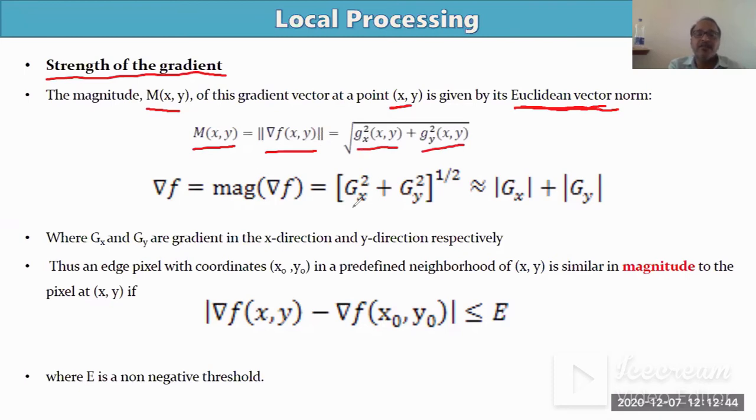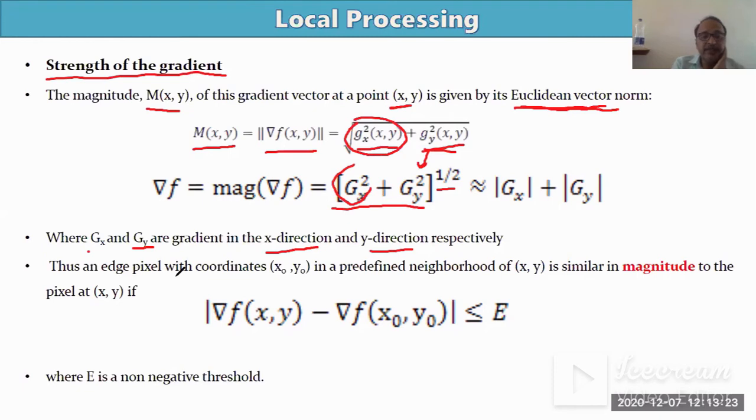Based on that, the formula can be written as: gx and gy are the gradients in the x direction and y direction respectively, and the square root becomes a power of 1/2. We can replace this term with this term, and this term with this term. The square root is nothing but raised to the power 1/2.